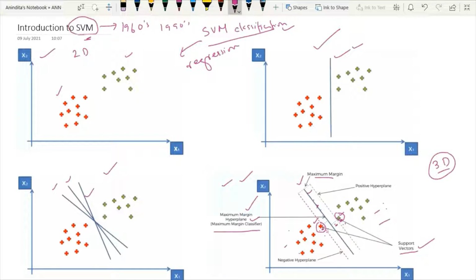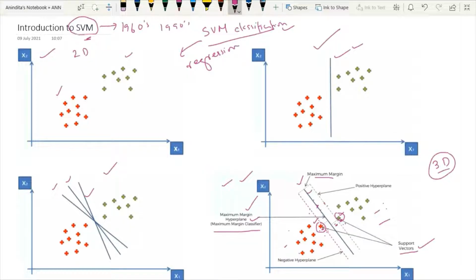Now, on the green side, we have a line. This line is a positive hyperplane. And on the red side, we have this line. It is a negative hyperplane. However, it does not really matter in which order you name them. You can name it the negative hyperplane or the positive hyperplane. It is according to your choice.